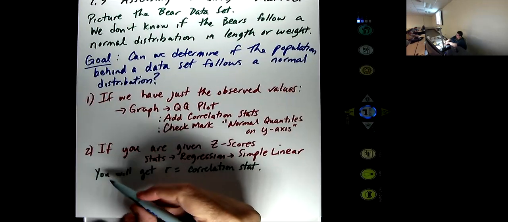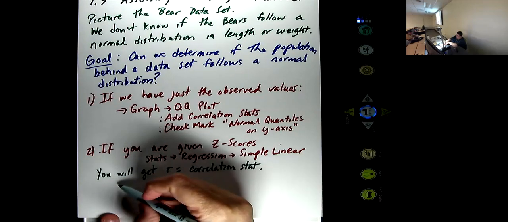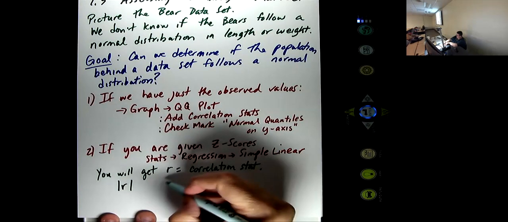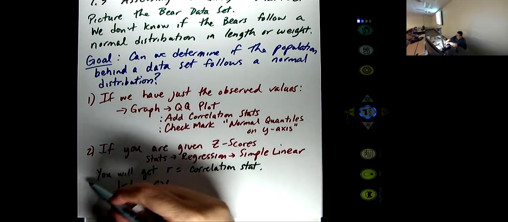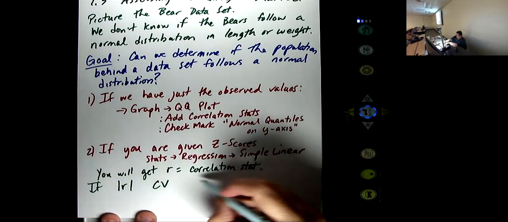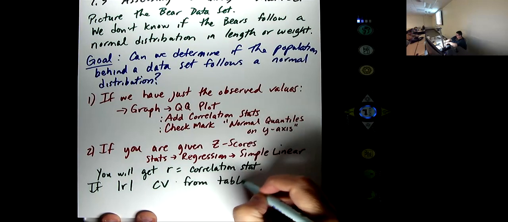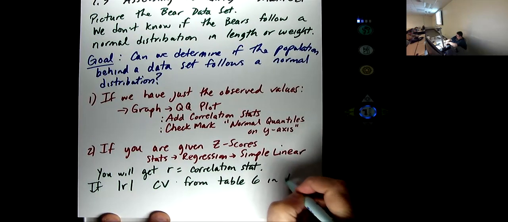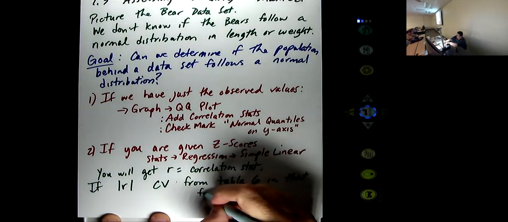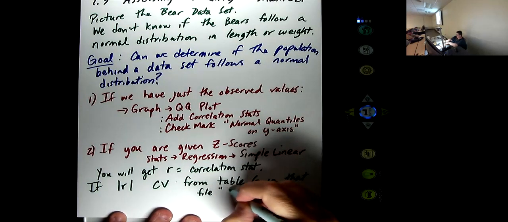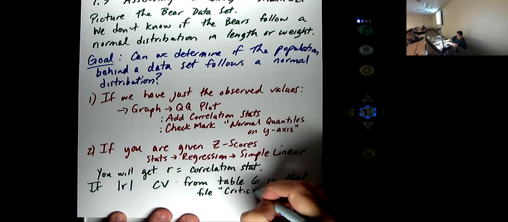And just like we did with chapter 4, we are going to compare the absolute value of R versus CV, the critical value. The critical value is from table 6 in that file. It says critical value for normal probability plots.